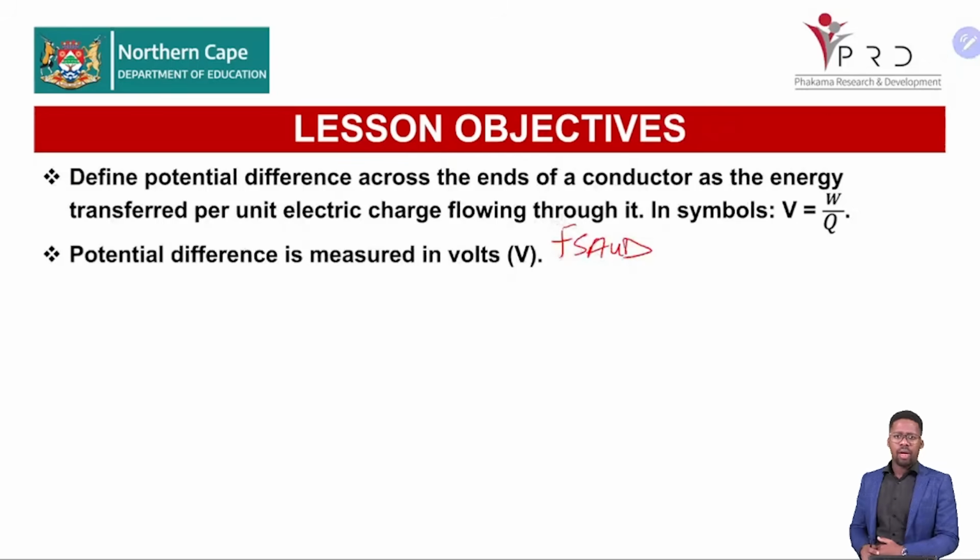And also, another question that might come could be, what device do we use to measure the potential difference? The device that we use to measure the potential difference is called a voltmeter. So now we have addressed three things here: the definition, the units, and the device.